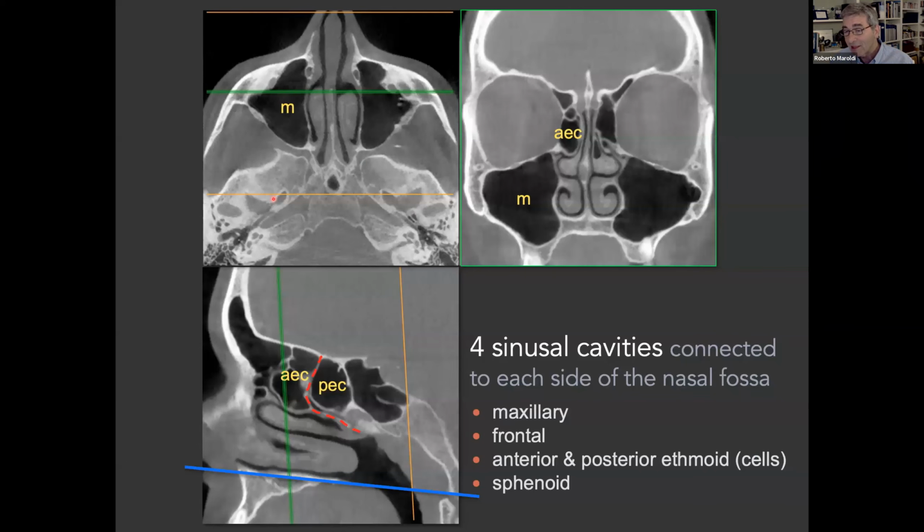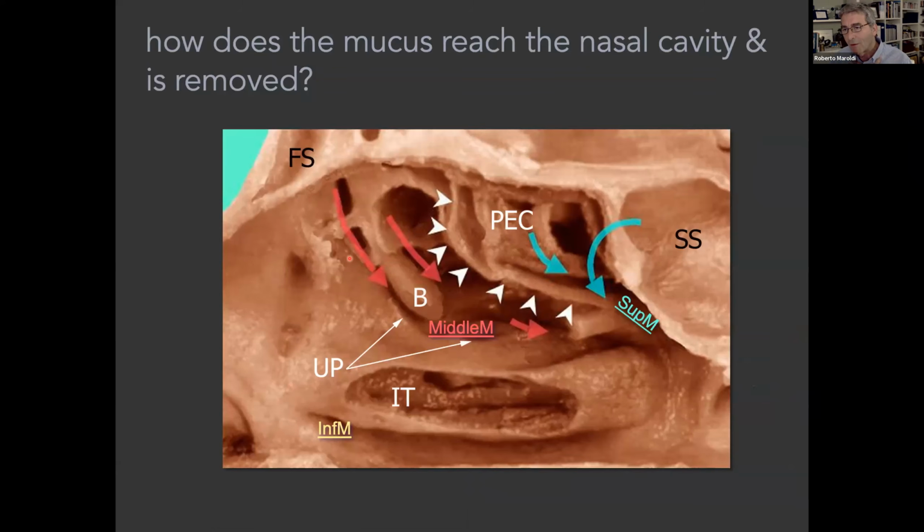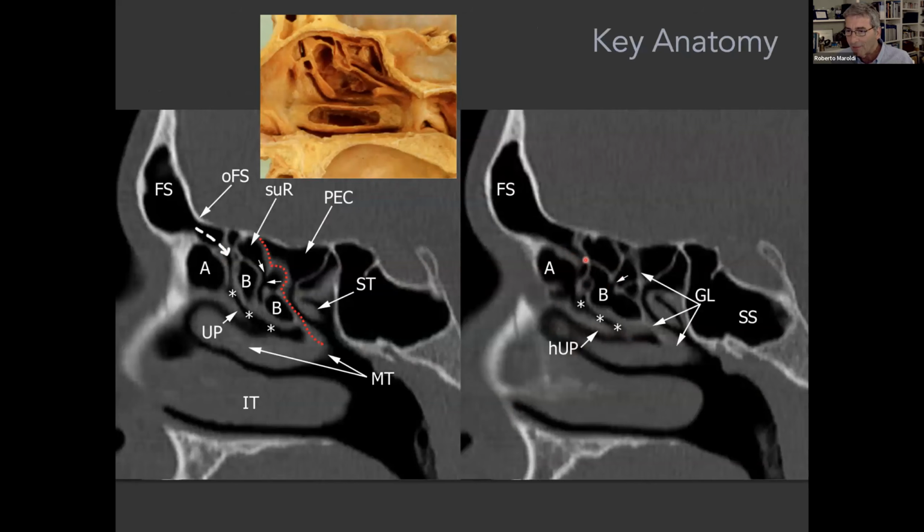We know that paranasal sinuses, there are 4 cavities, and it is important to remember the difference between the anterior ethmoidal complex and the posterior ethmoidal complex from the perspective of the drainage, because in the anterior ethmoidal complex, which is comprising also the frontal sinus recess, the drainage will be in the middle meatus, along with the maxillary sinus, whereas the superior meatus will be the area where the posterior ethmoid cells and the sphenoid sinus will drain.